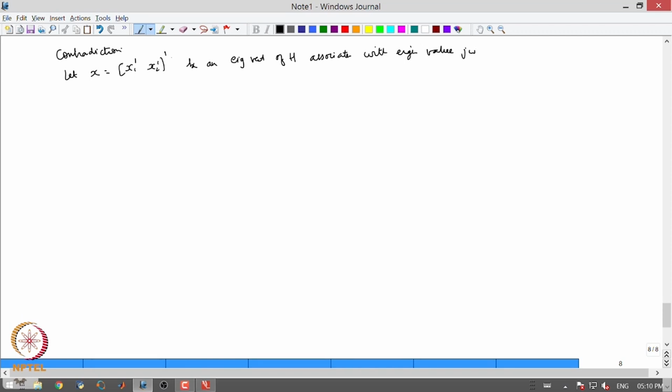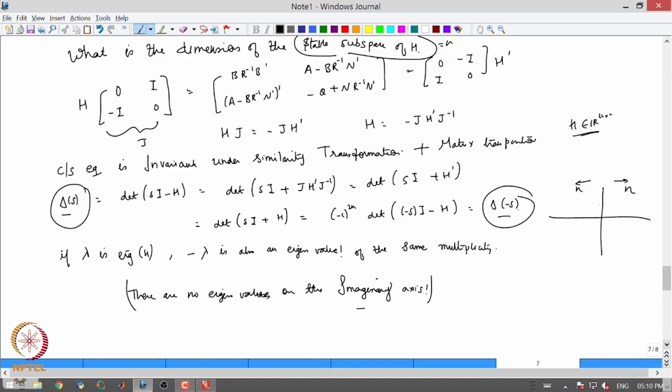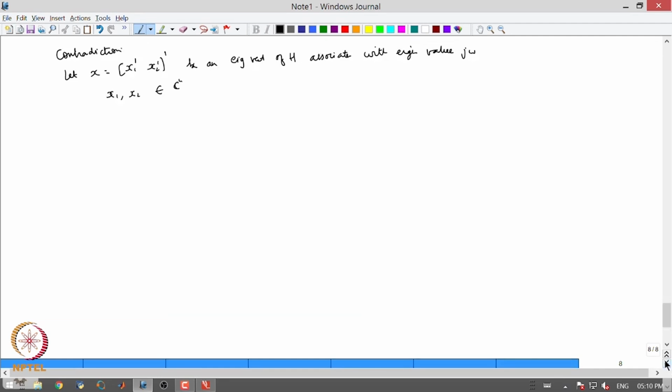Okay, so this will belong to the complex numbers C. So x1 and x2 will both be in C^n. Okay, so let me assume that there are some eigenvalues sitting here, and see what happens to the assumptions that we made, or to the problems that we are dealing with.